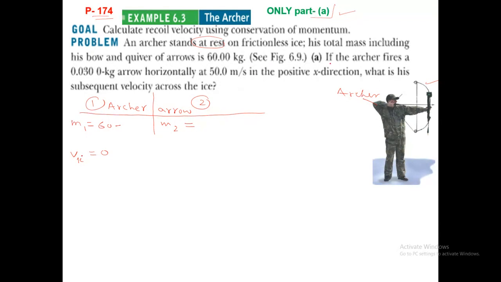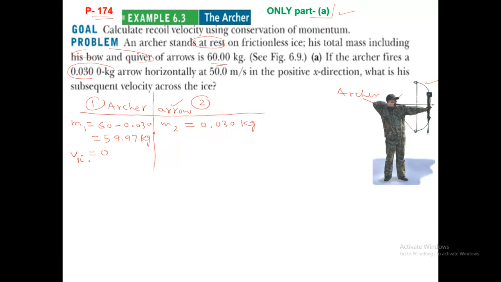M2, how much? If the archer fires an arrow, M2 is 0.030 kg. So total is 60, you see. So 60 minus 0.030, M1 becomes 59.97 kg.